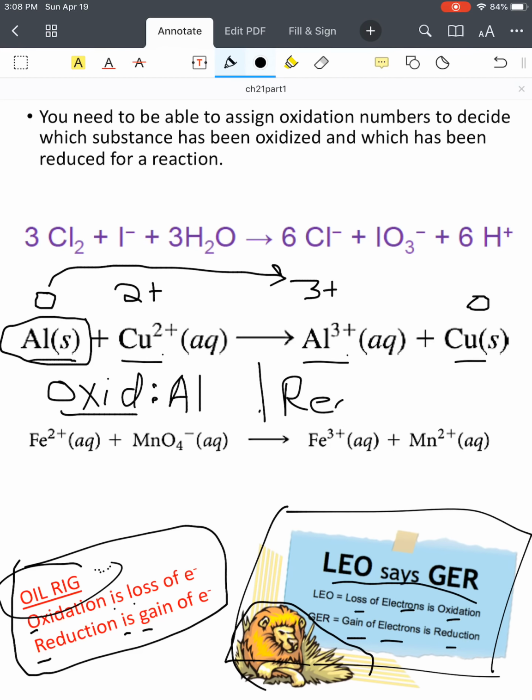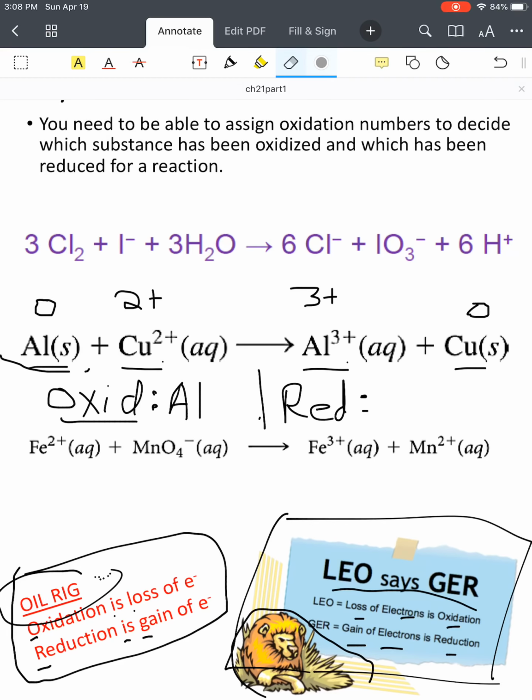And since if you have an oxidation, you have to have a reduction, let's take a look at what's been reduced. Well, the only other reactant I've got here is the copper 2 plus. So my copper 2 plus goes from a 2 plus oxidation number to a 0 oxidation number, doesn't it?